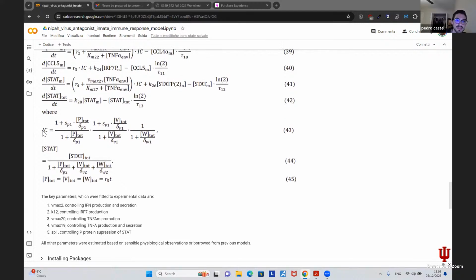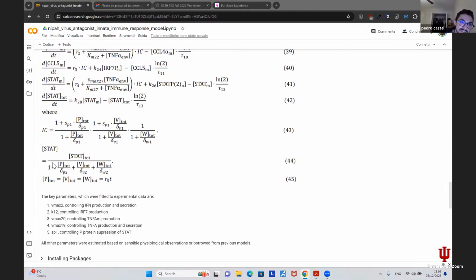As you can see, IC has a multiplicative interaction between the proteins. P acts as a promoter, V acts as a promoter, and W acts as an inhibitor.